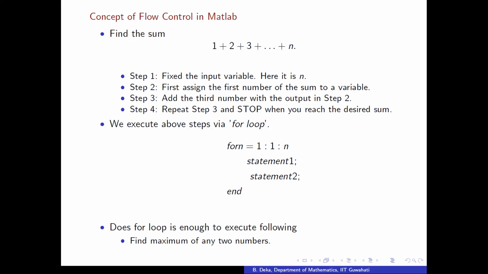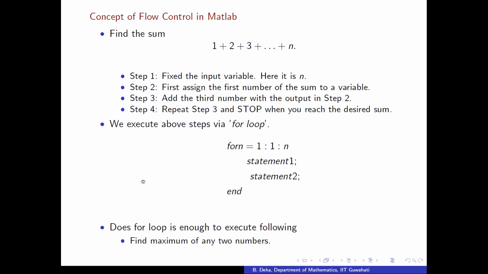So that means you have to take some decision, that is, which number is bigger than which, and there are some other decision making also. When we wish to take a decision, the for loop is no more helpful to you. In that case, you should know what the decision making statements are in MATLAB software.